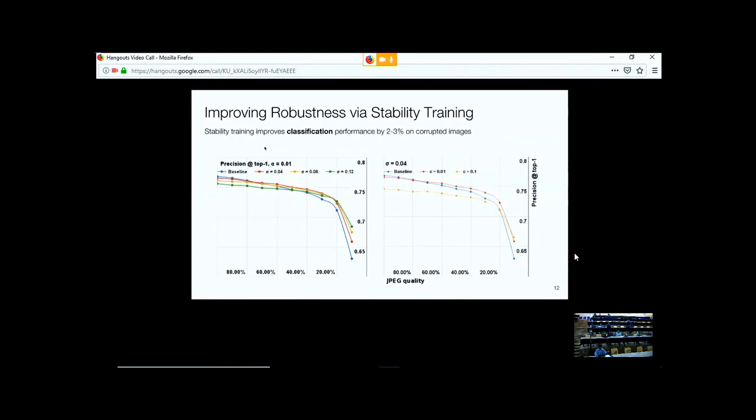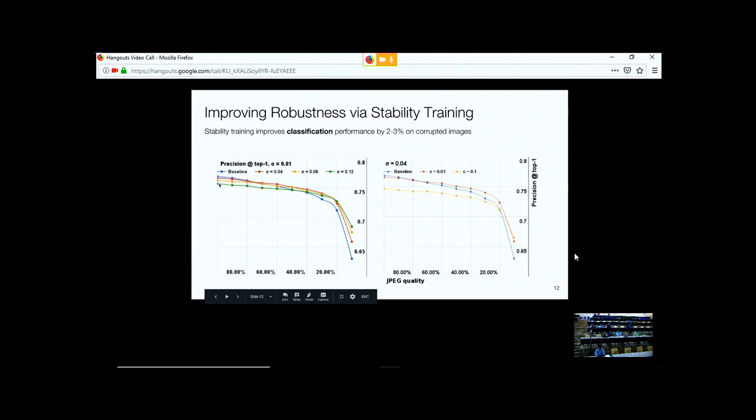Similarly, if you apply stability training, you can improve the classification performance of these Google networks by a significant margin on corrupted images. Here in this graph we see what happens if we take clean images. Horizontally is the quality level under JPEG compression, so 100% is the clean original image, and as we go to the right, the image becomes of lower and lower quality.